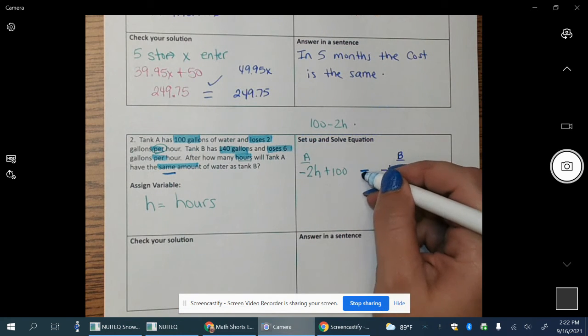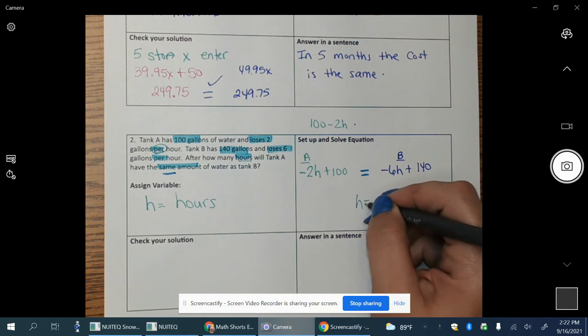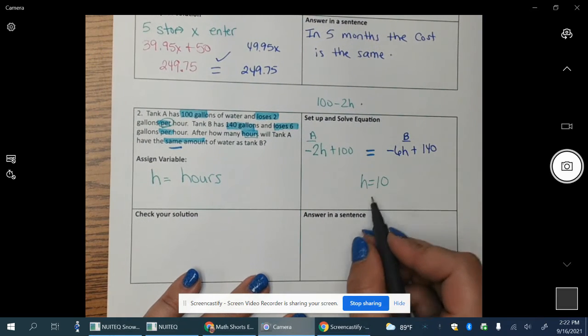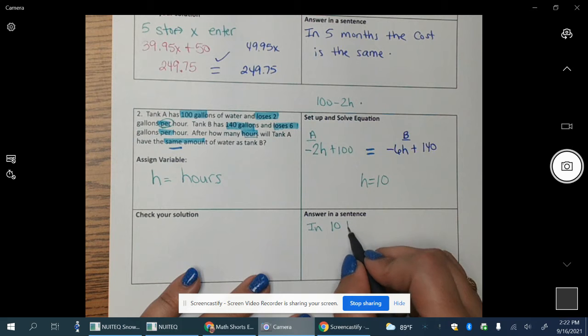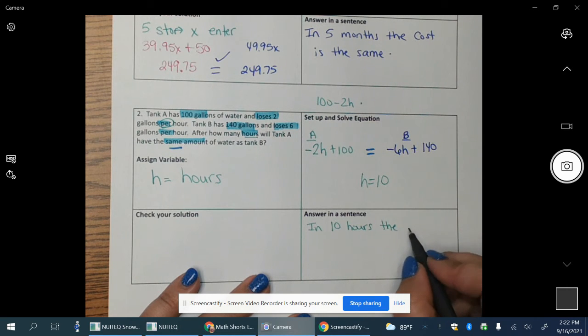Now, again, next week it's not going to say the same. I'm going to save you the time and tell you that H is 10. What does that mean if H is 10? In 10 hours they will have the same. Tank A will have the same amount of water as Tank B. Good. In 10 hours they have the same amount of water.